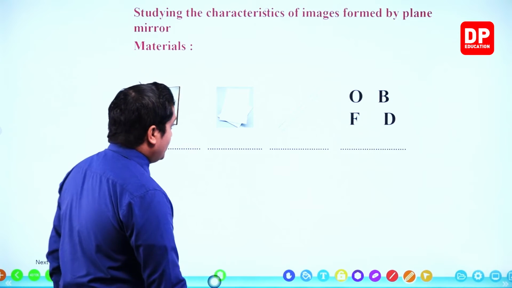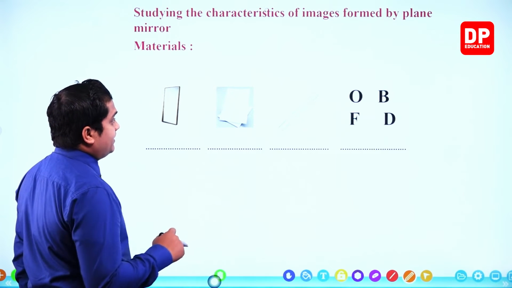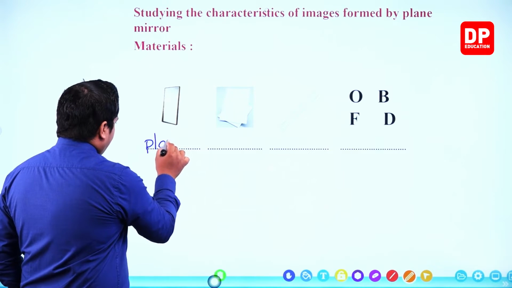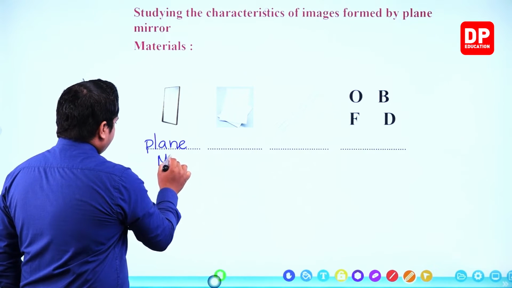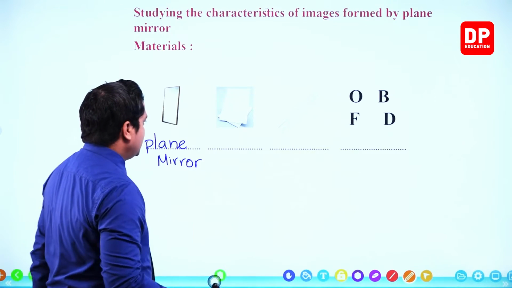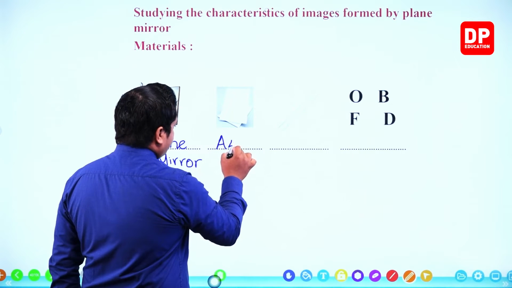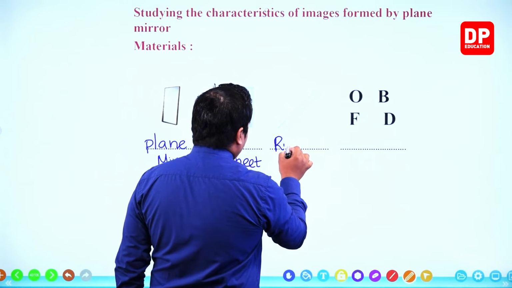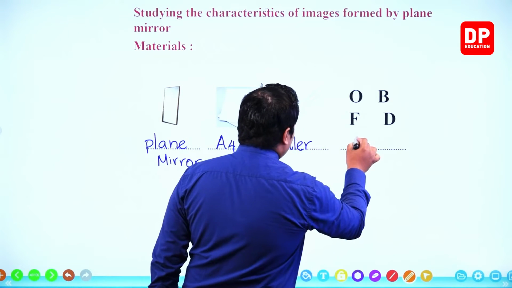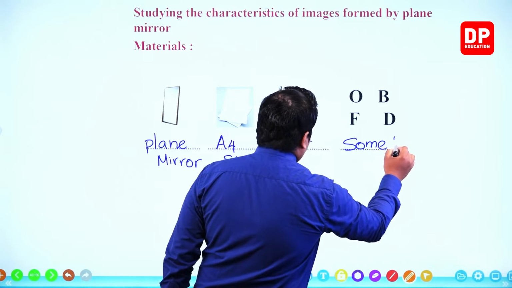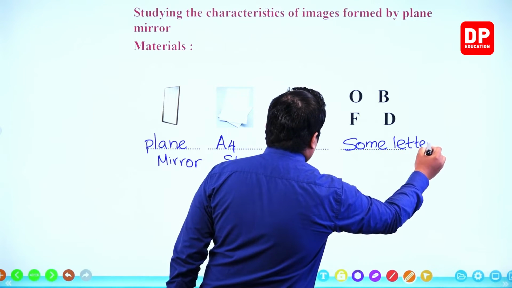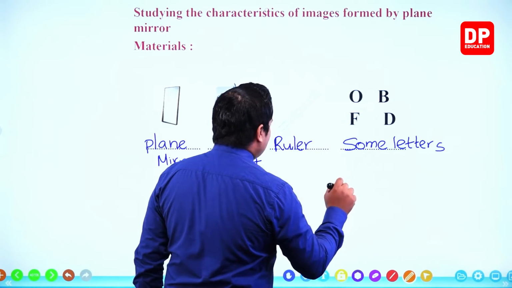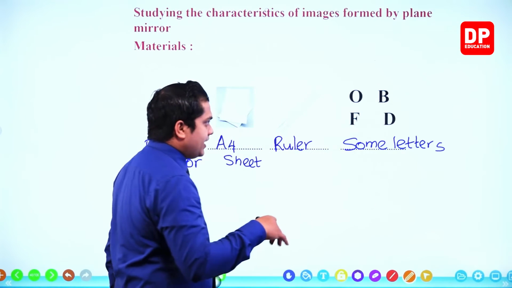First of all, to do this activity, we'll need these materials: a mirror, an A4 sheet, a ruler, and some letters, like O, F, B, D, simple D, simple B, several letters.